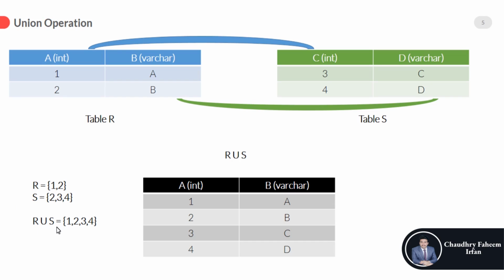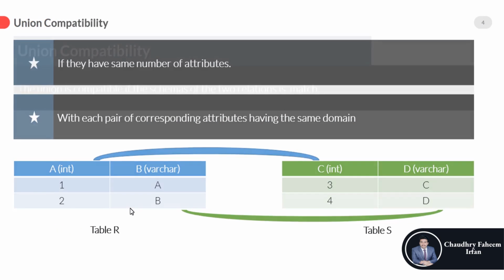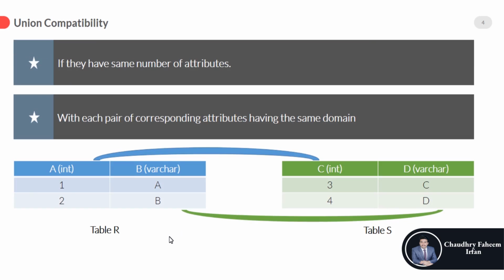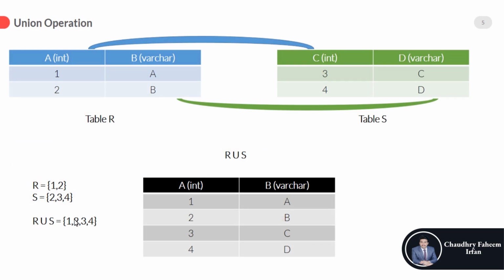R union S is equal to 1, 2, 3, 4. So the duplicate 2 is eliminated according to the definition, that duplicate tuples are eliminated.